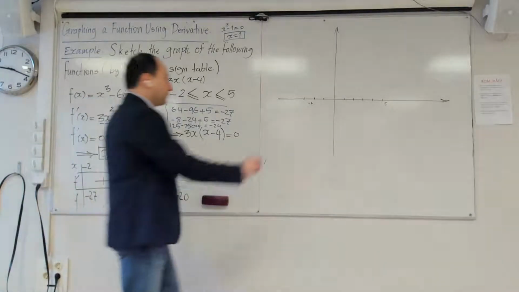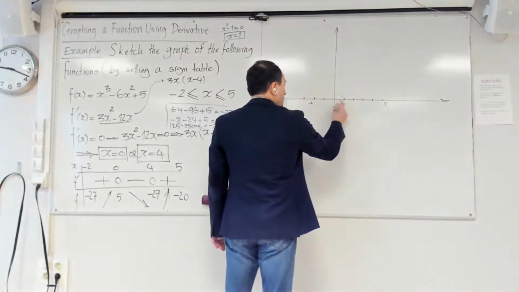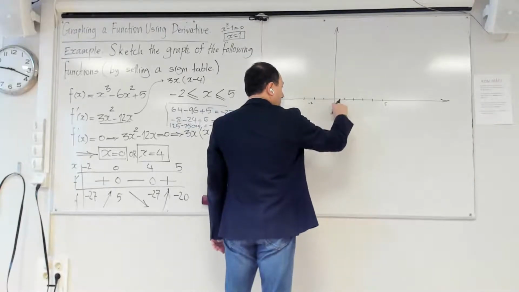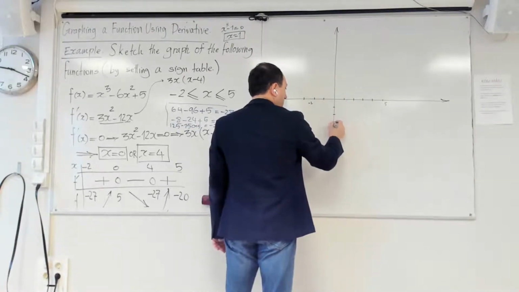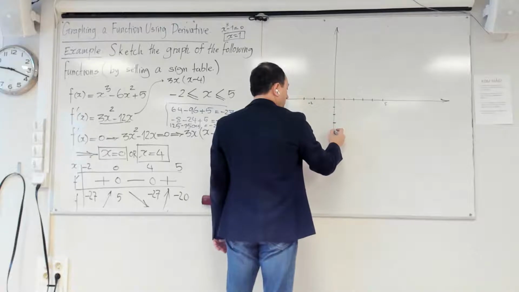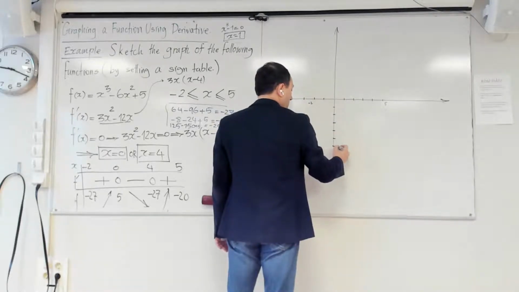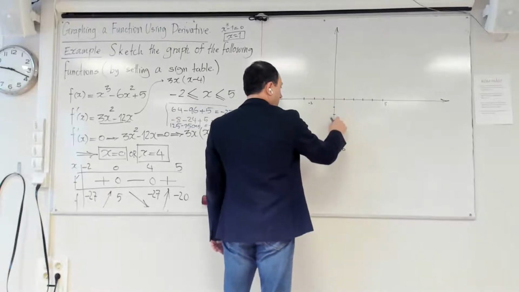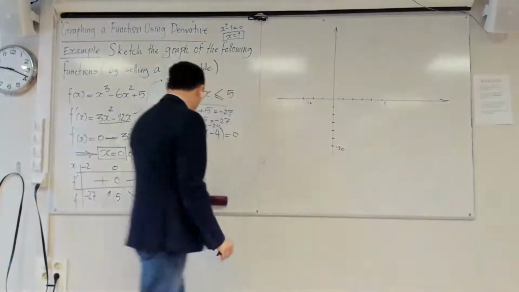Okay, so each unit, I'm taking it 5. -5, -10, -15, -20, -25, -30. So this is -30. 1, 2, 3, 4, 5, 6. Yes, that's correct.